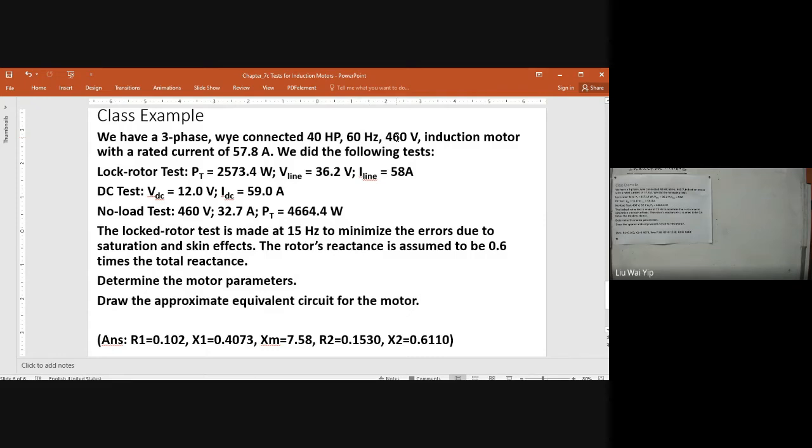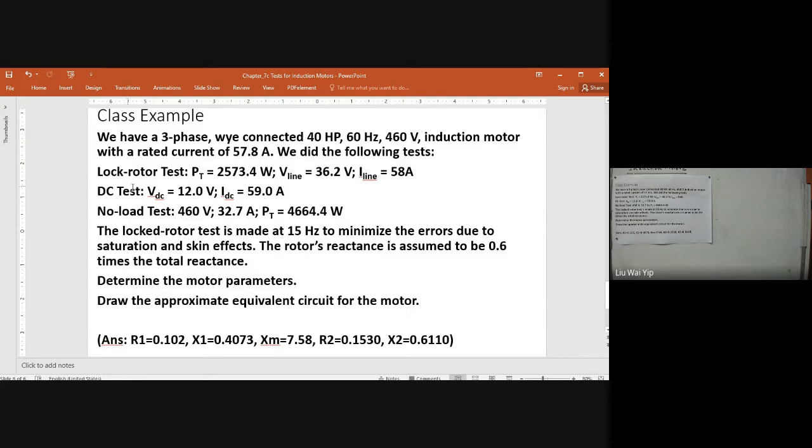The rated line voltage is 460 volts. The rated current is 57. This value is normally not very useful. And we have done the following tests.